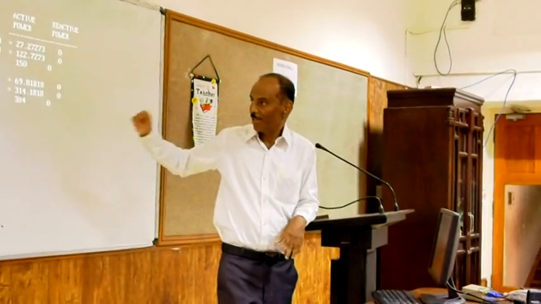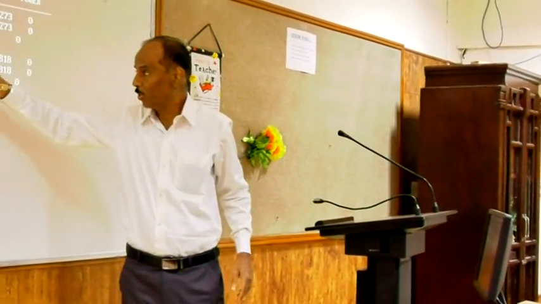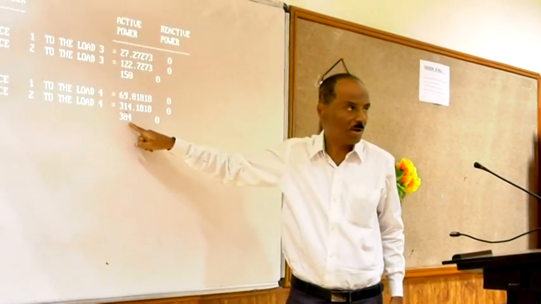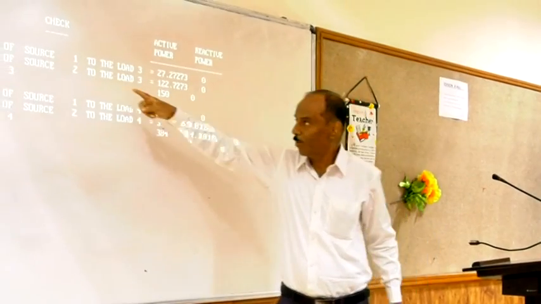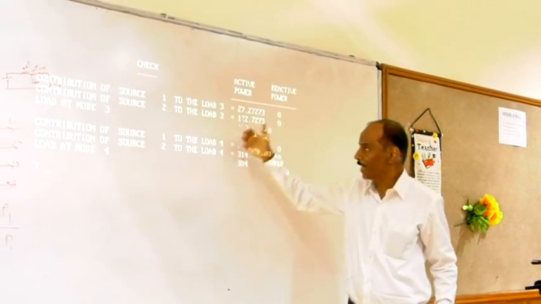384 load at 4. So you see source 1 to 4, source 2 to 4, add, load at point 4. Similarly, source 1 to load 3, source 2 to load 3, add.